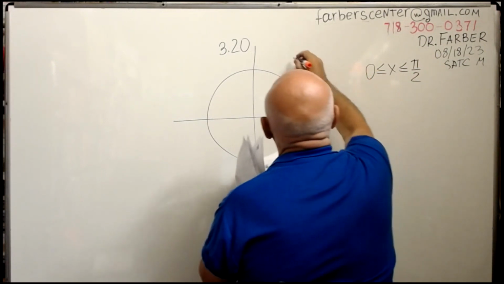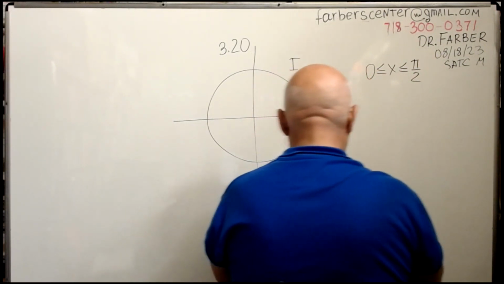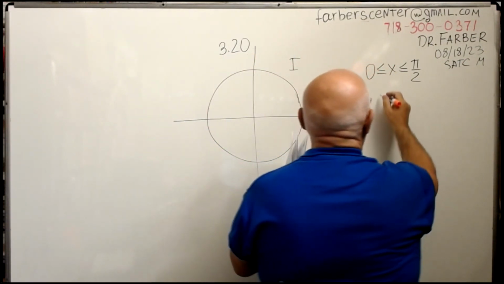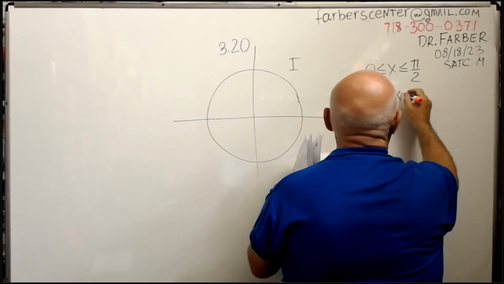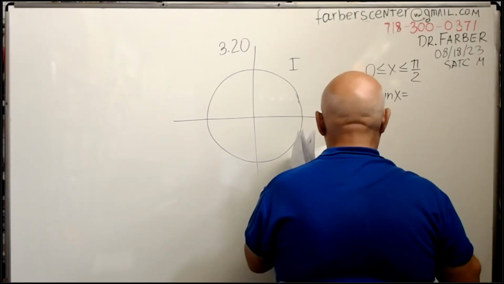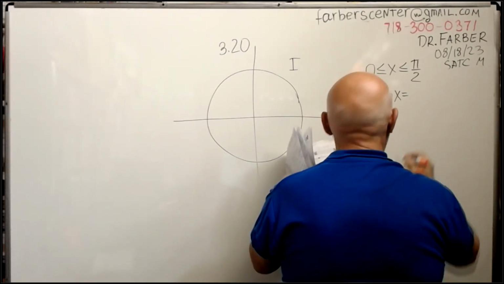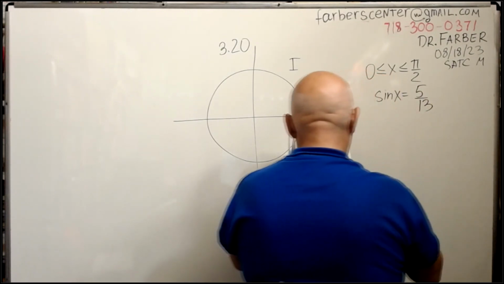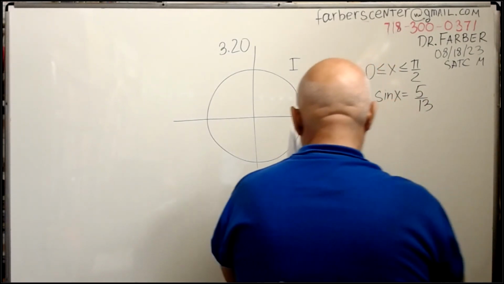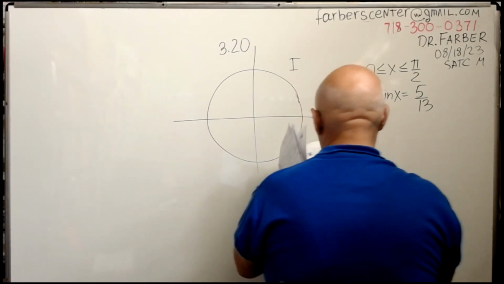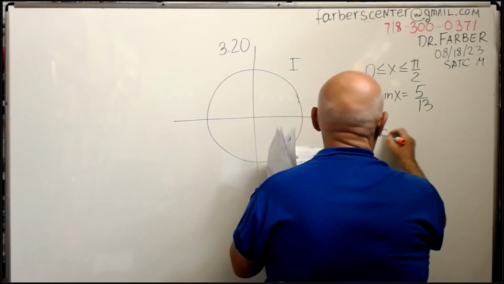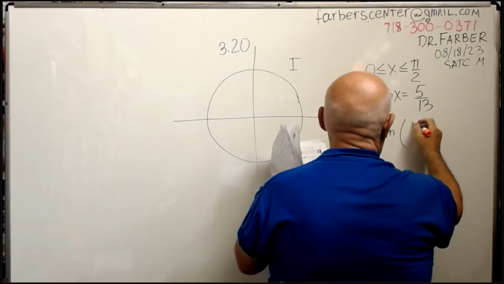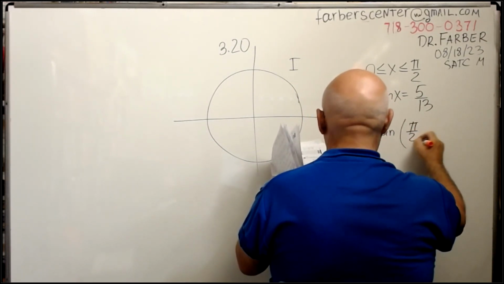You know for sure this is in the first quadrant. And sine of x equals to 5/13. What is tangent of pi over 2 minus x?